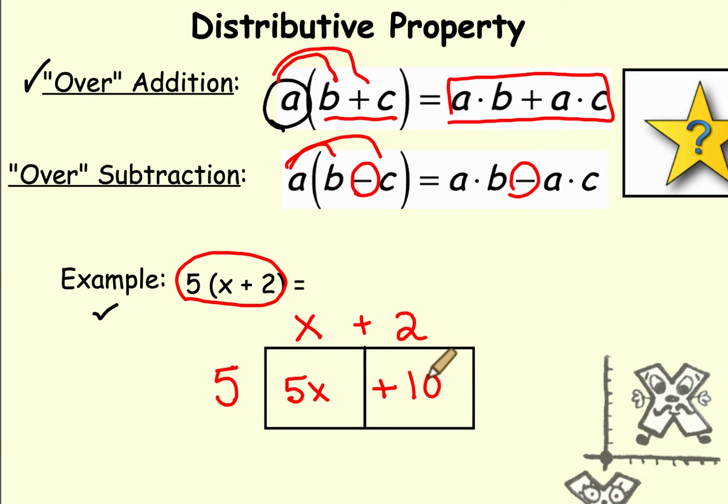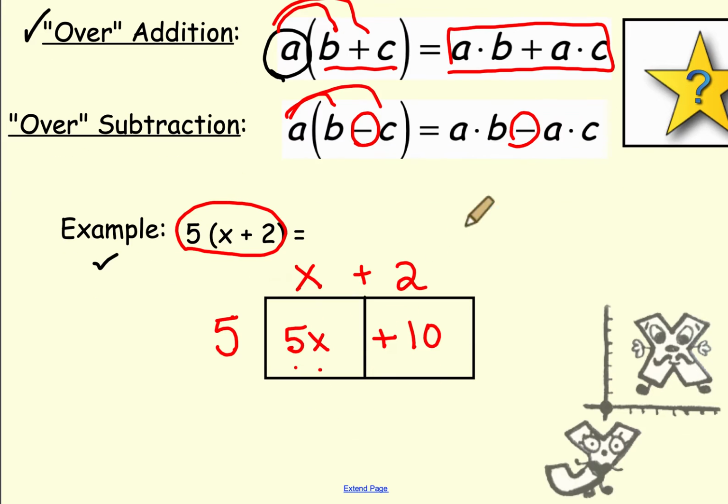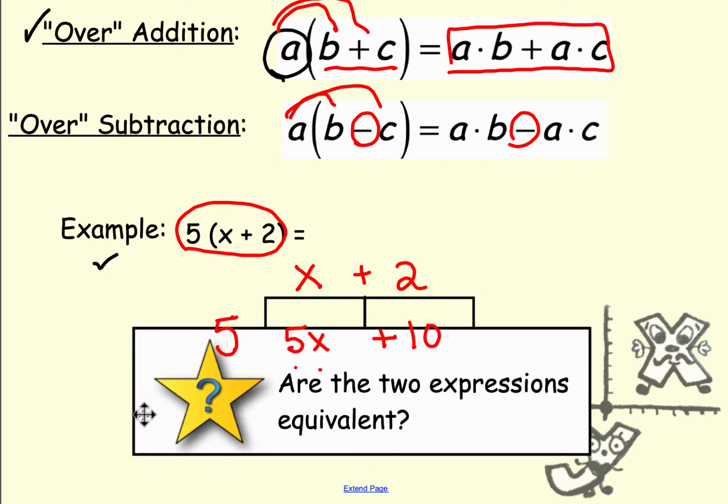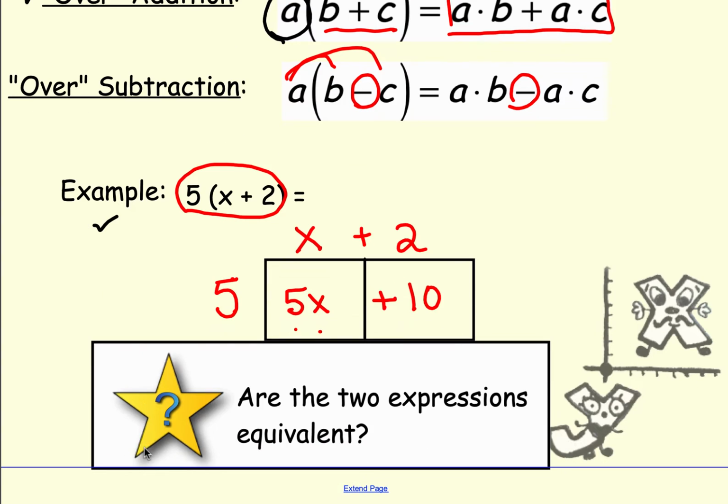Since I don't know what the value of x is, I can only write it as 5 being the coefficient of the variable x. So the question is, are these two expressions equivalent?